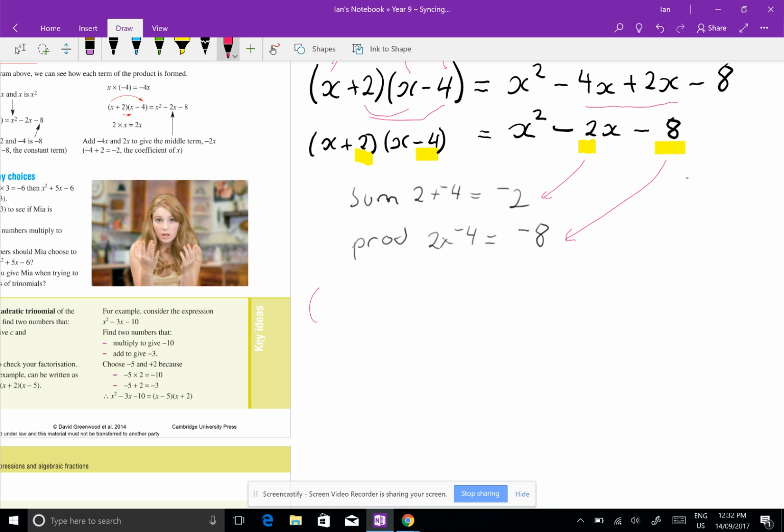Well, let's try x plus a, x minus b. And if we expand this, we'll get x squared minus bx plus ax minus ab. Oops.